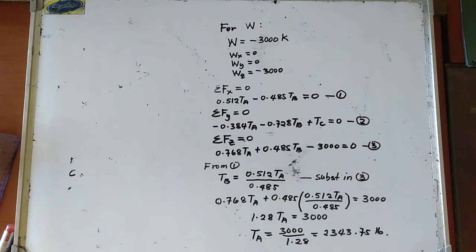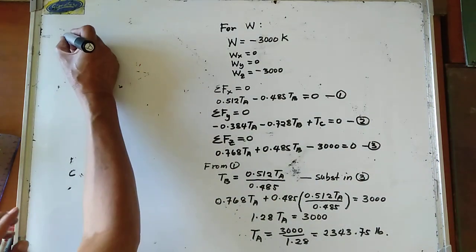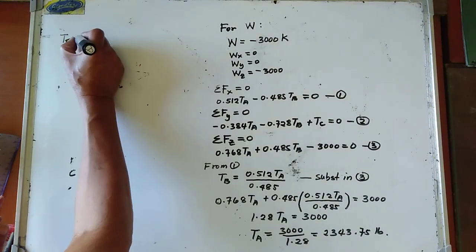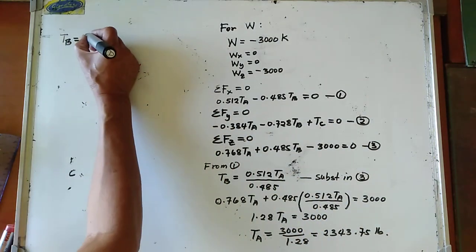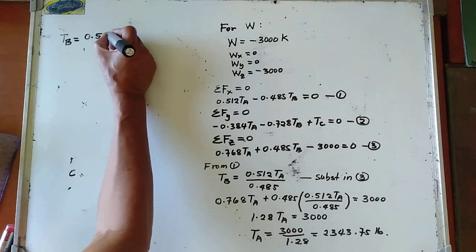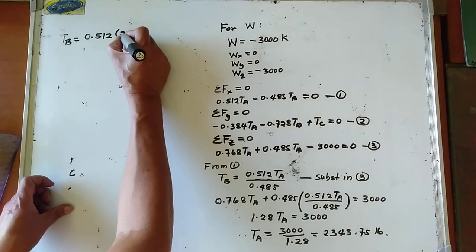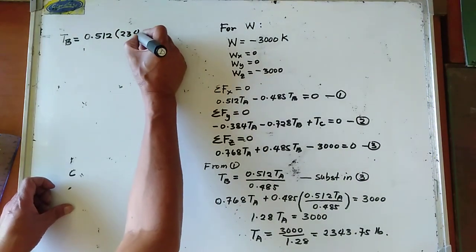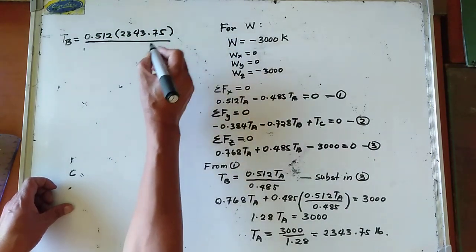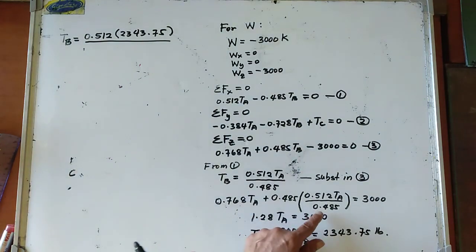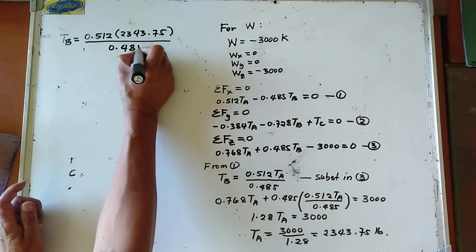Now, let us try to determine the tension in cable B. So from this equation, T sub B is equal to 0.512 TA, and the value of TA is 2343.75 all over 0.485.